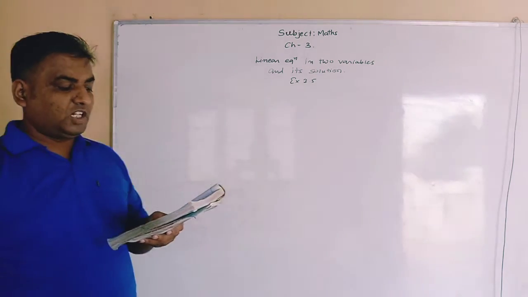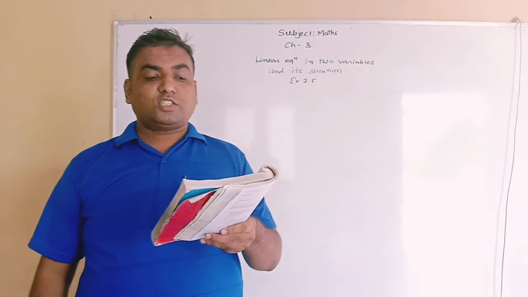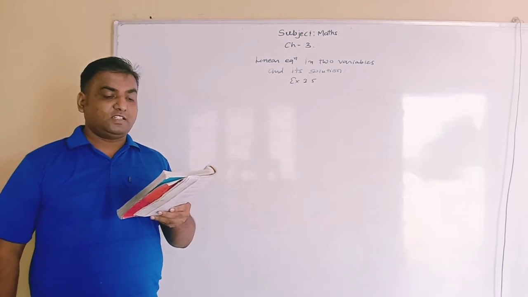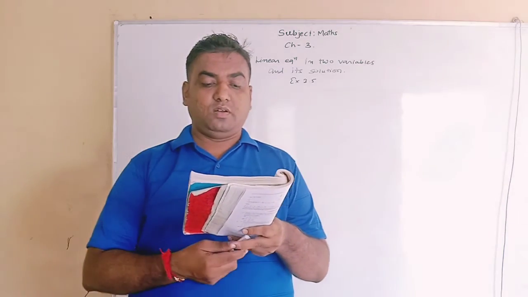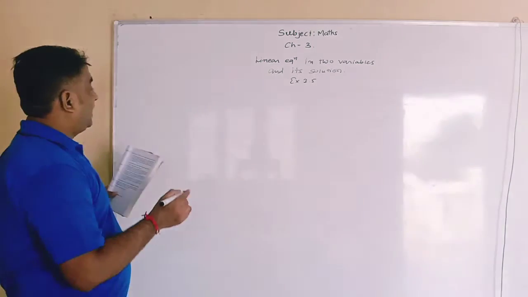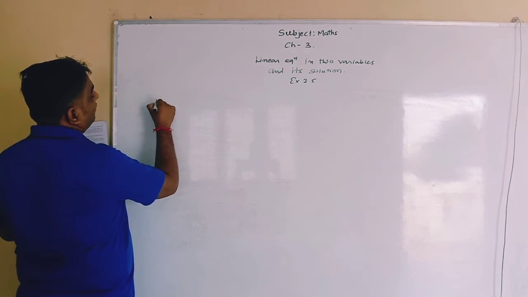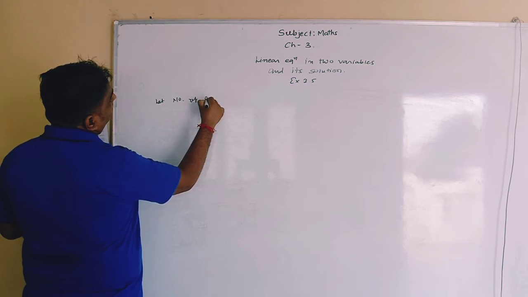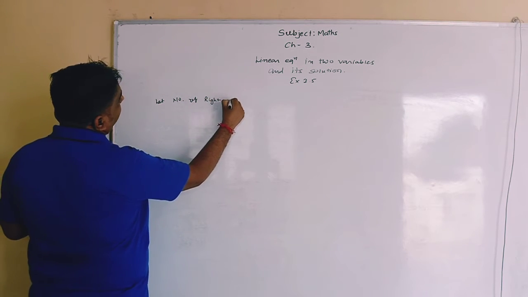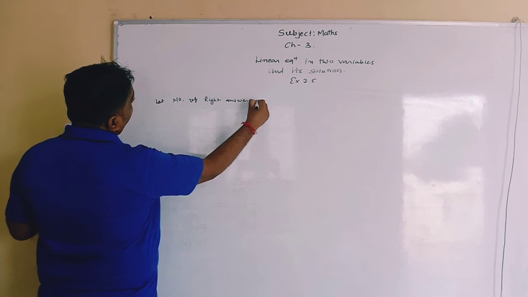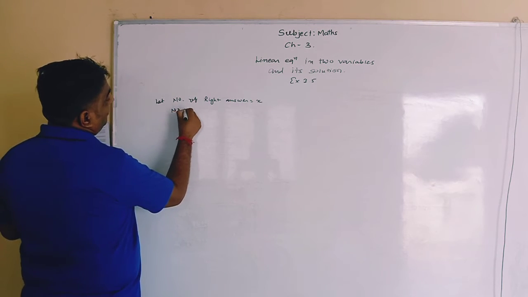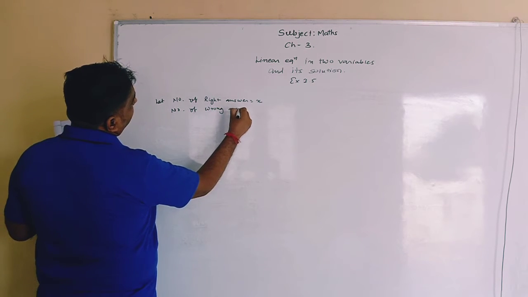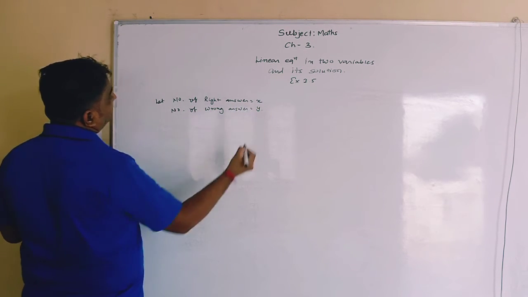The third question we have: Yash got 40 marks in a test, getting 3 marks for each right answer and losing 1 mark for each wrong answer. And so let the number of right answers equal x and the number of wrong answers equal y.